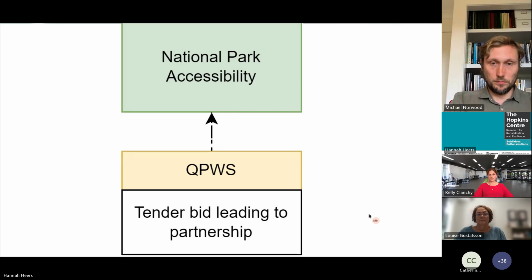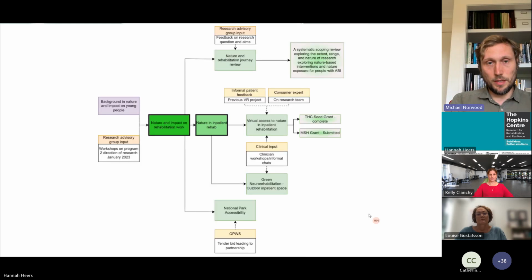So we can see the final map here. It looks like a really simple process, going from the research advisory group through to the main body of work and then the different projects. But I'm going to do the opposite of what this is called now and try to put the confusion back into co-design here. I'm going to try and write on it.